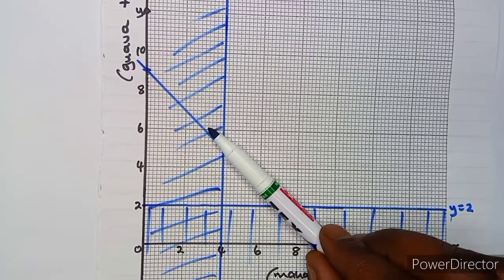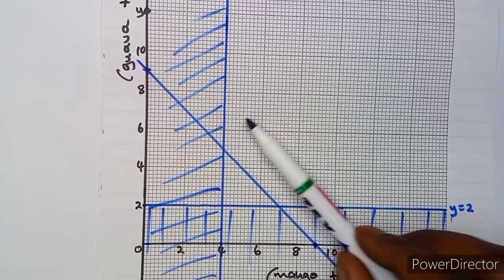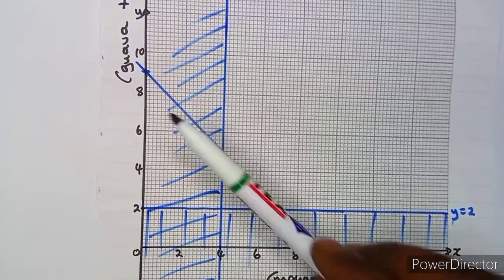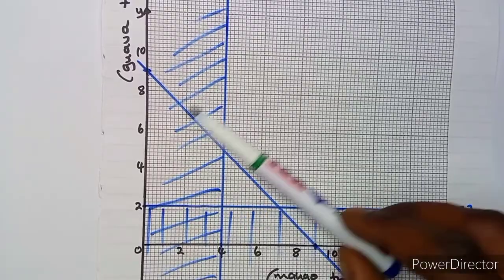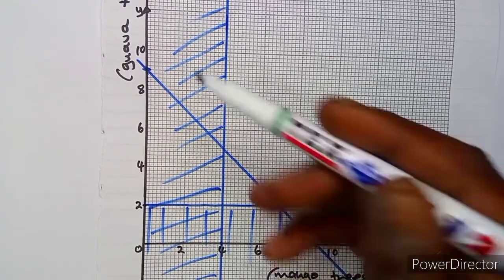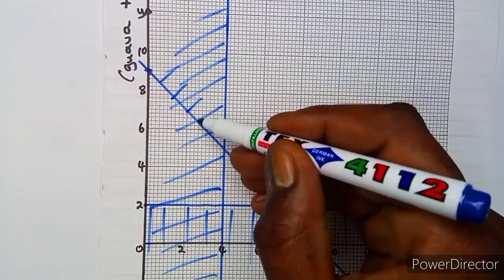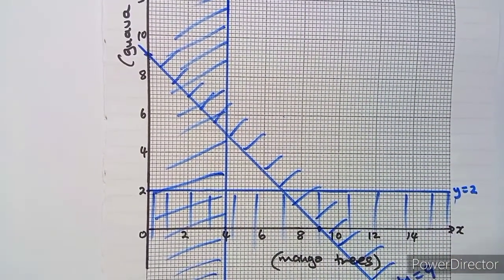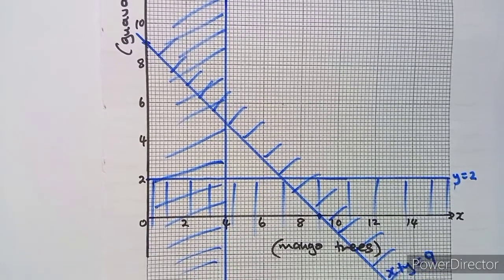So we are going to shade the bigger region, this one. Comparing values, according to this line, these values here are lesser than, and these are bigger than. So you shade the ones which are bigger than. This is the unwanted region. You can easily shade this that way, just like that.